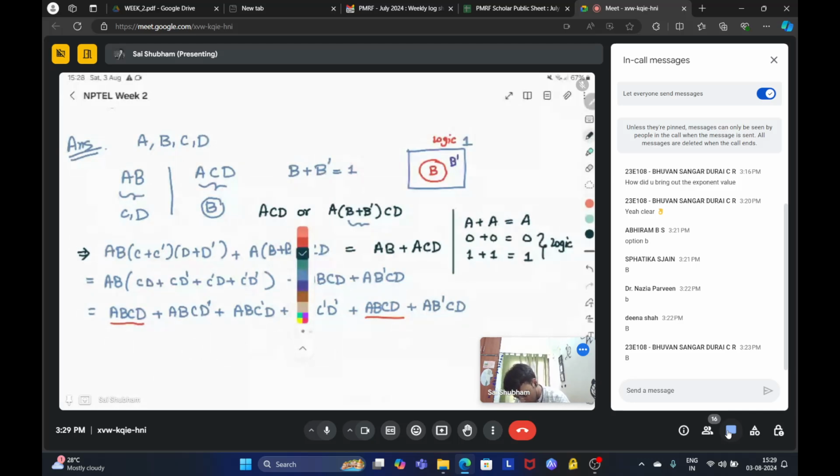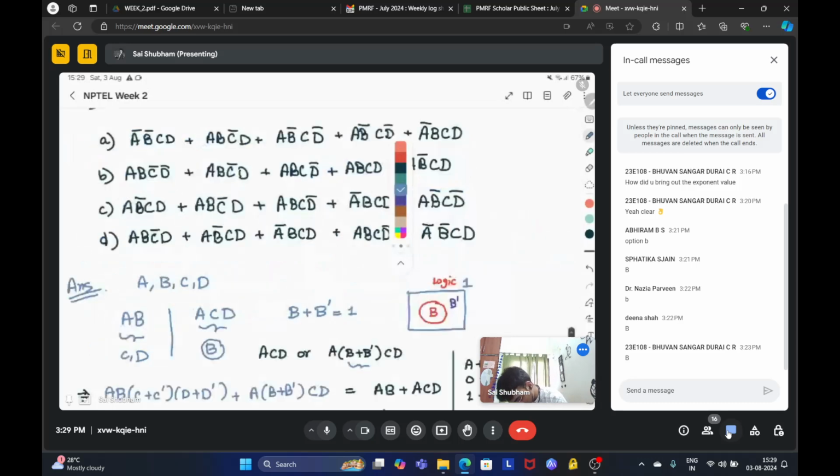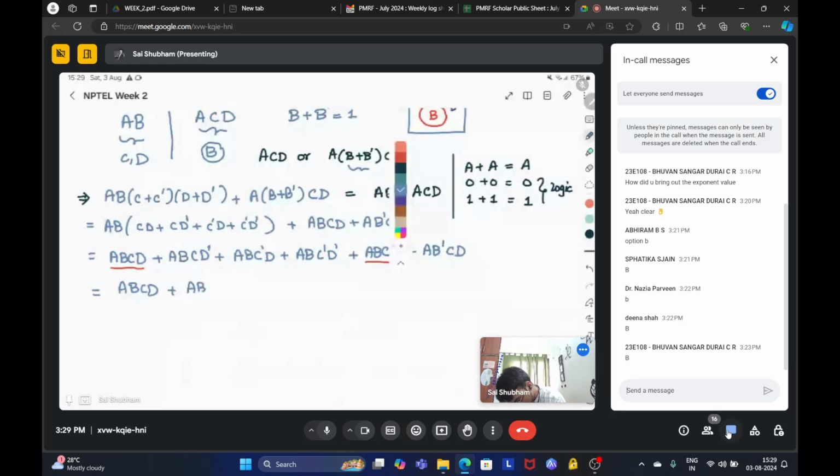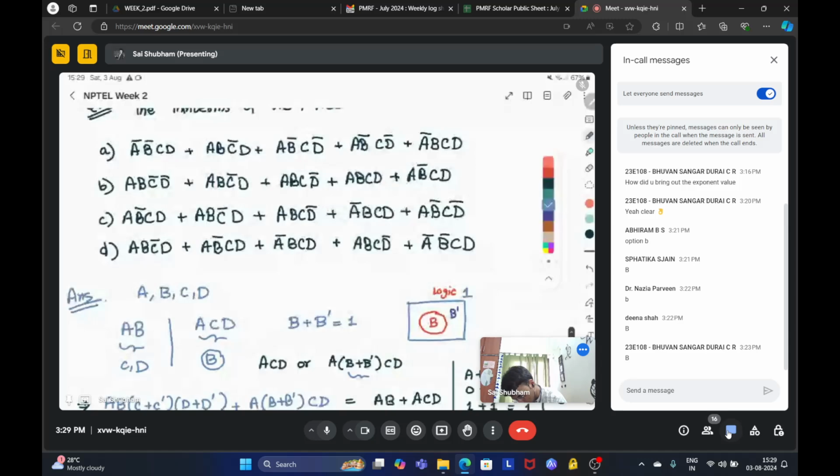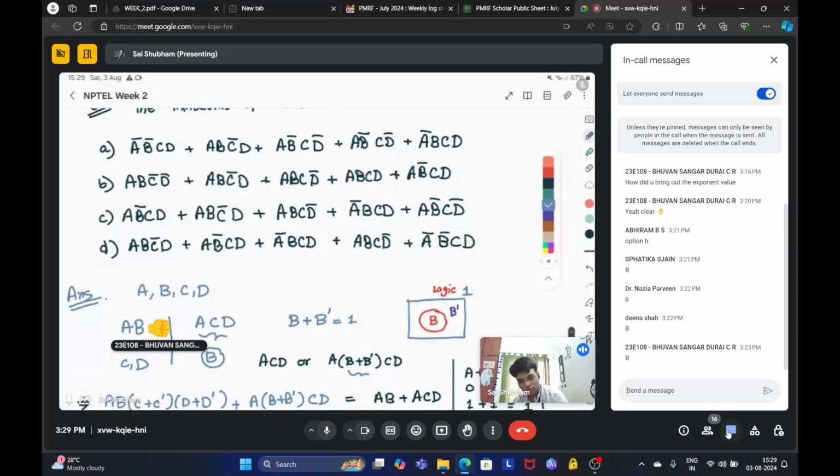So since we have these two terms as same, we can replace them by one term. And I think that is option B.